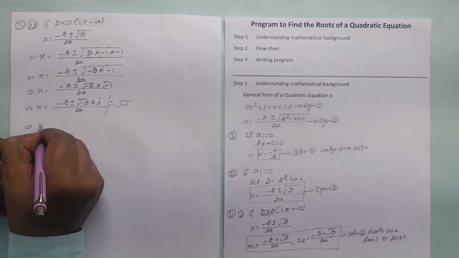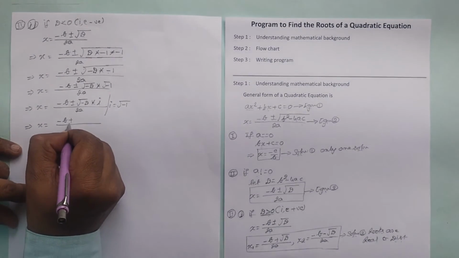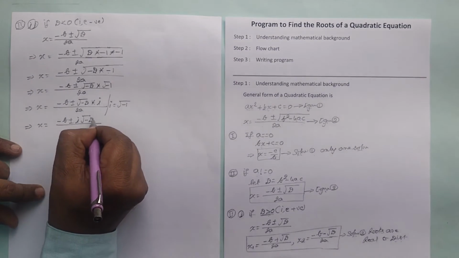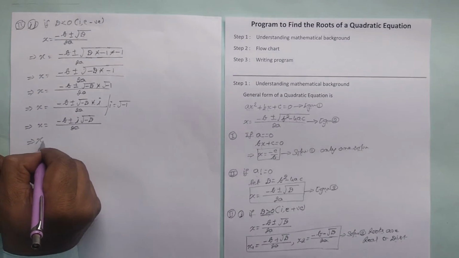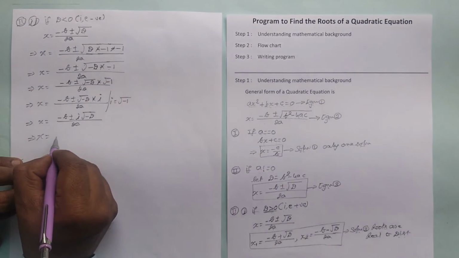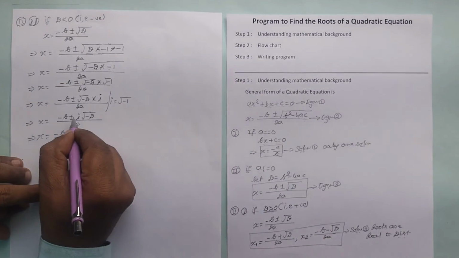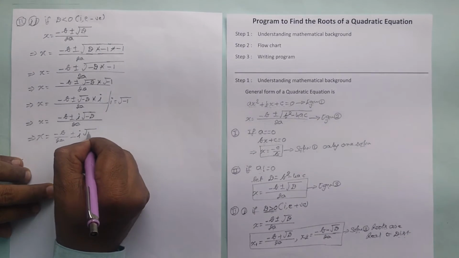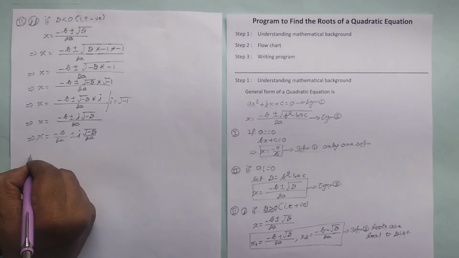Then x is equal to minus b plus or minus i square root of minus D by 2a. Now let us split the denominator: minus b by 2a plus or minus i square root of minus D by 2a.